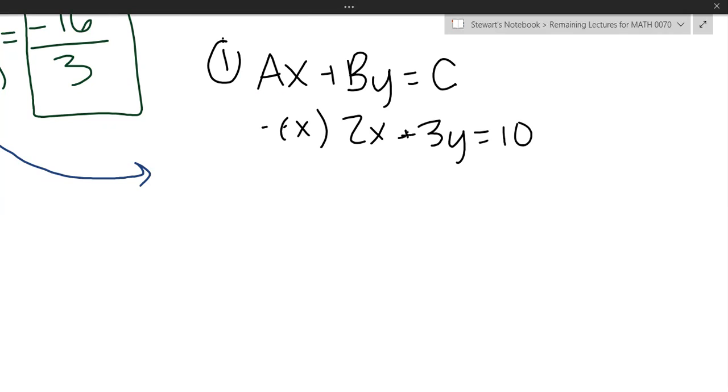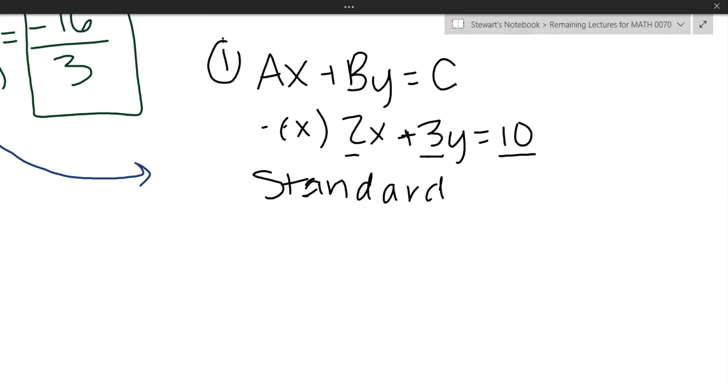This is a linear equation, and it's in standard form. There are coefficients in front of both x and y, and then they're equal to something. That's one form. This is standard form.